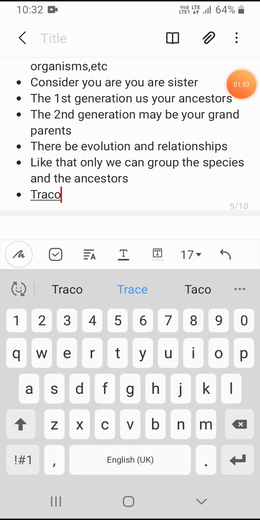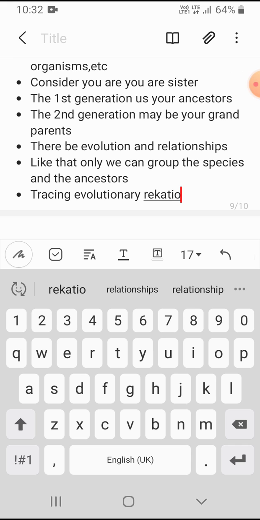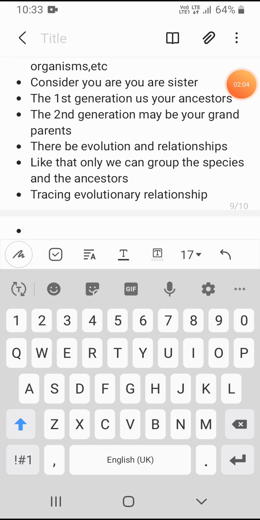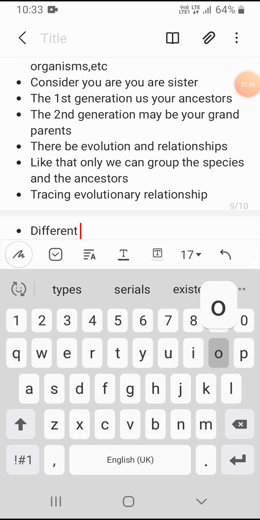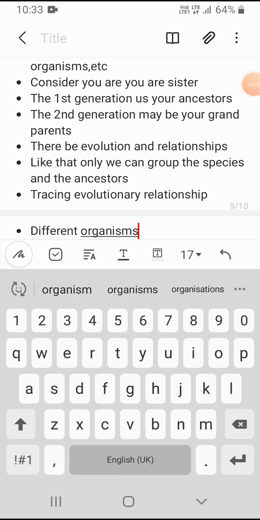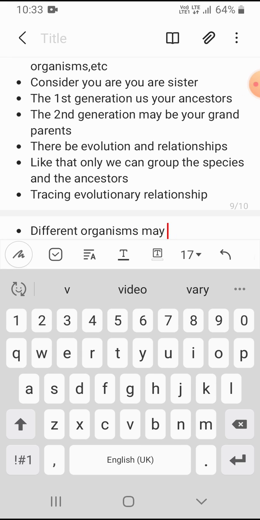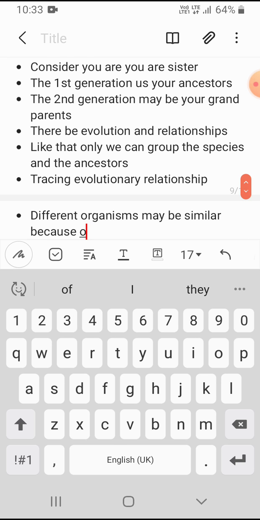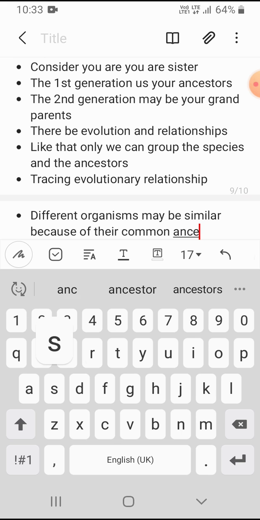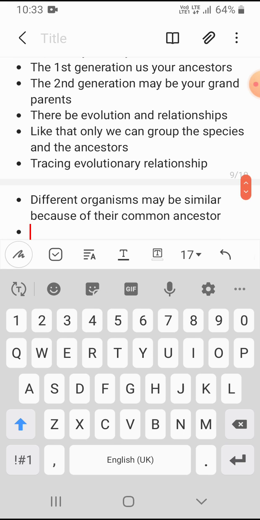Tracing evolutionary relationships: different organisms may be similar because of their common ancestors. They may have common ancestors, and because of that they may have similar things.